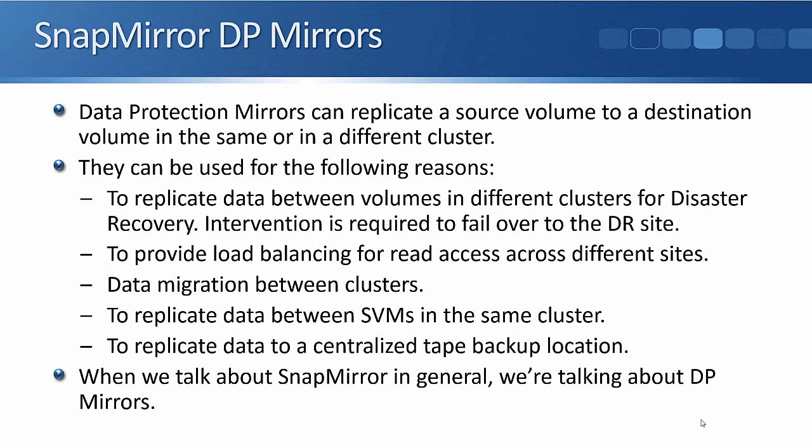We can also use them to provide load balancing for read access across different sites, for data migration between clusters, to replicate data between SVMs in the same cluster, or to replicate data to a centralized tape backup location. And when we talk about SnapMirror in general, we're talking about DP mirrors.